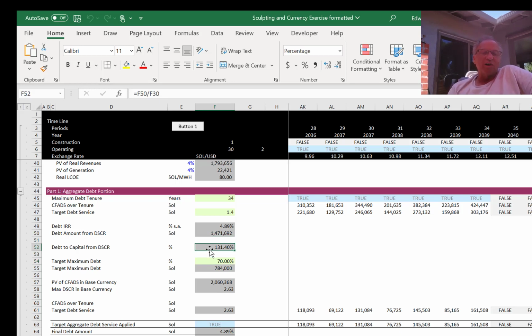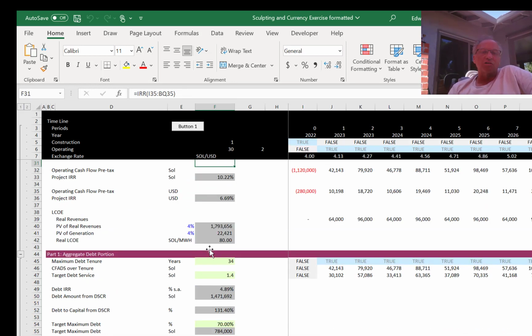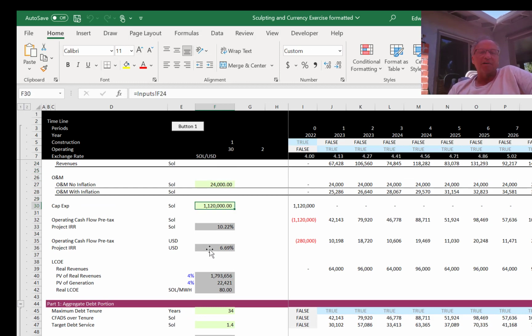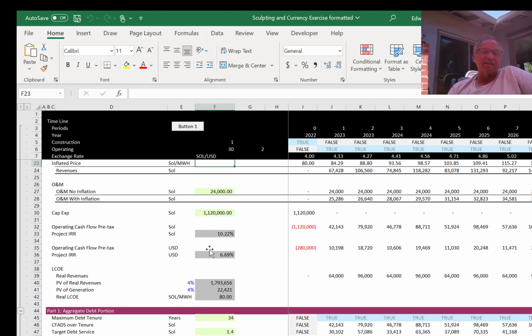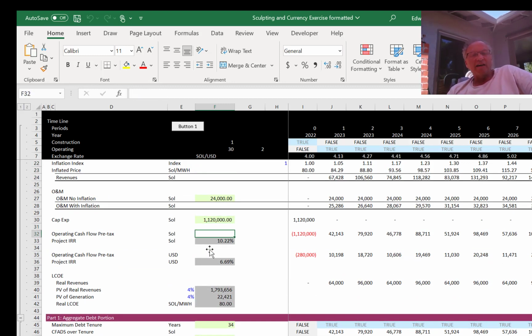But when I look at the capex in soles, here's the capex in soles. This amount of debt was way too big. And the reason the debt was so big is because we had an IRR in soles that's much higher than the interest rate in soles.